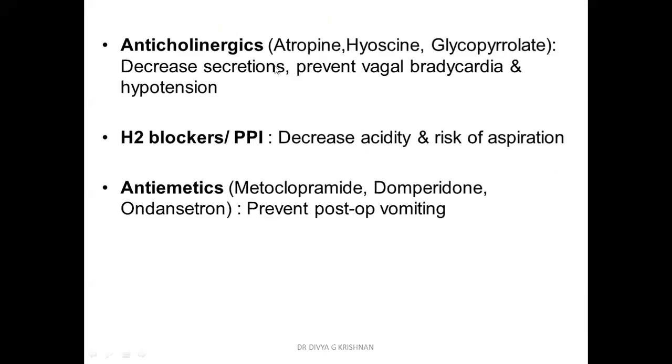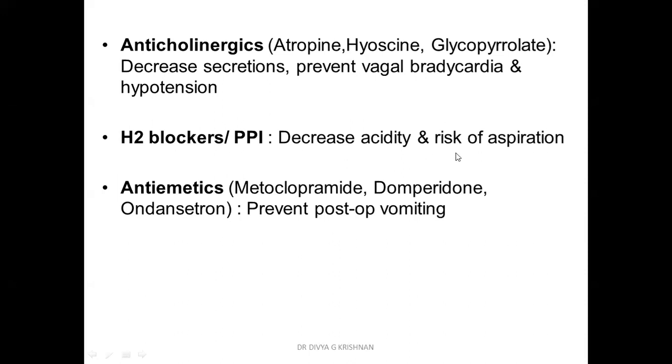Then anticholinergics. We already mentioned promethazine. Other than that, the anticholinergics used are atropine, hyoscine, glycopyrrolate. These decrease the secretions and prevent vagal bradycardia and hypotension. Then you have H2 blockers and proton pump inhibitors, which decrease the acidity and the risk of aspiration.